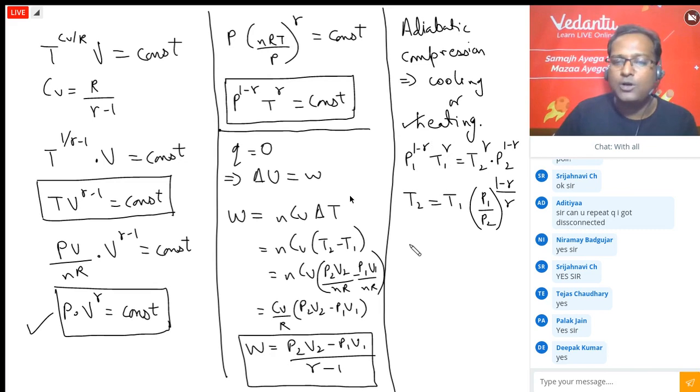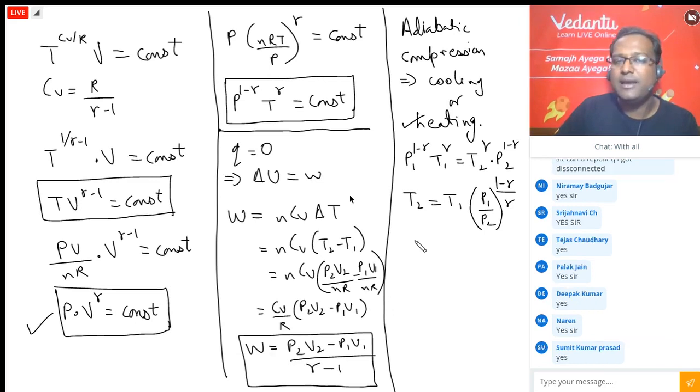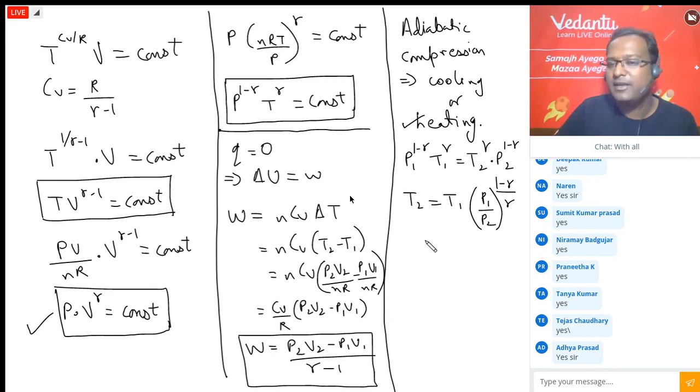Now, do you agree gamma is greater than 1? Gamma was Cp by Cv and Cp is Cv plus R. So Cp is greater than Cv. That means gamma is definitely greater than 1, right?